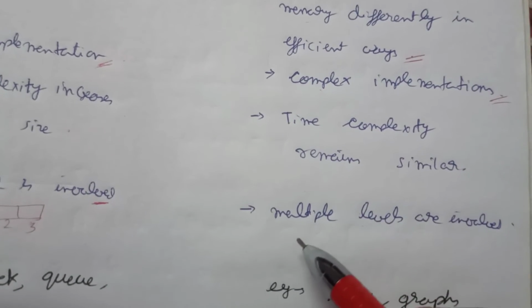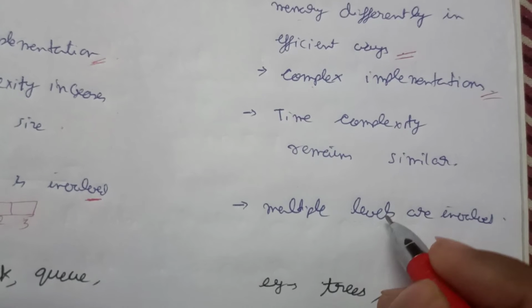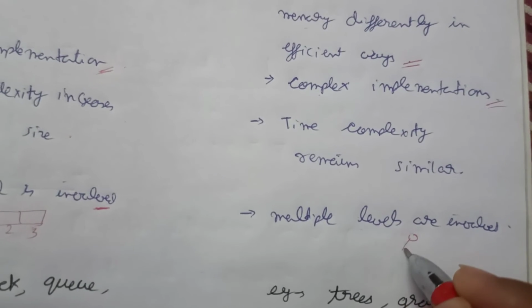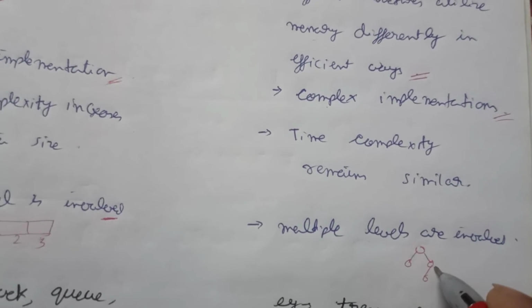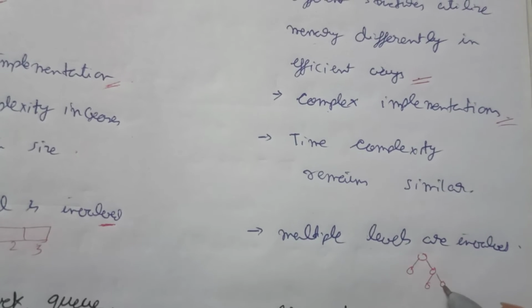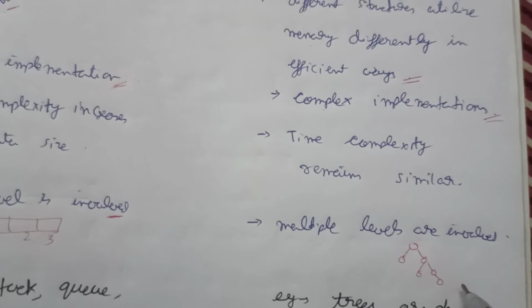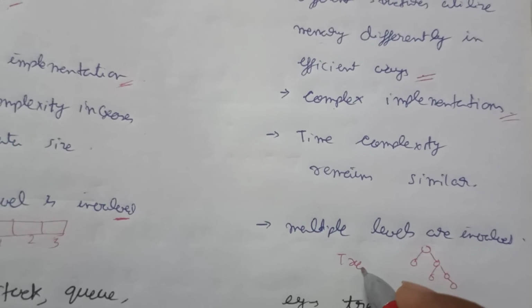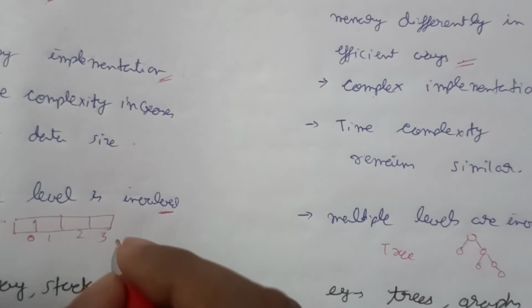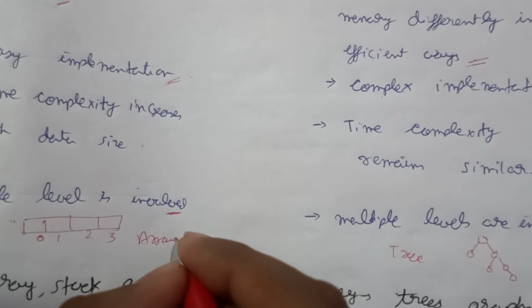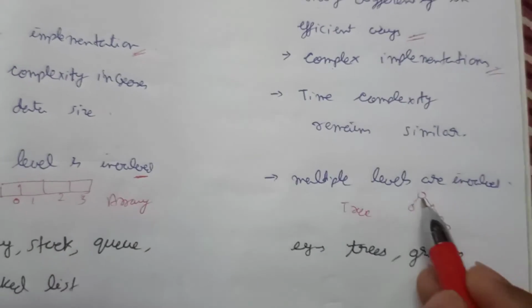non-linear data structure? There are multiple levels involved. Suppose a tree, we have many levels, different levels involved for a tree. So this is a tree and this is an array. This is only one level, while the tree has different levels.